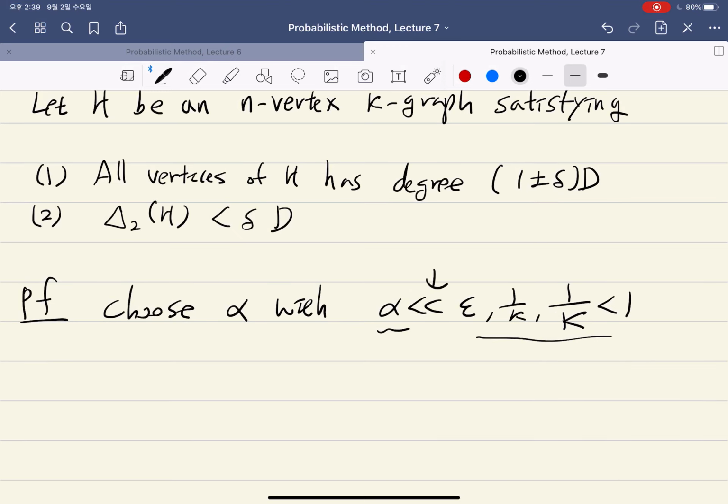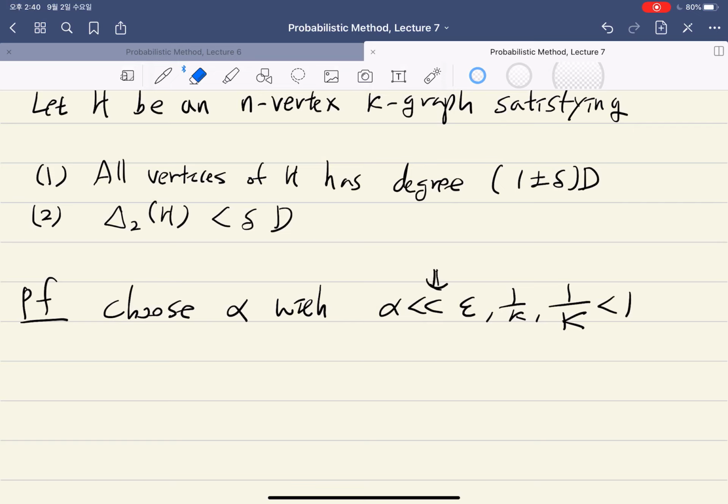There are some implicit relationships that we will use later, but we will not really specify them. If you follow the proof, you can figure out which relations you need here, and you can explicitly write them down. As long as those relations are satisfied, the later proof will work.